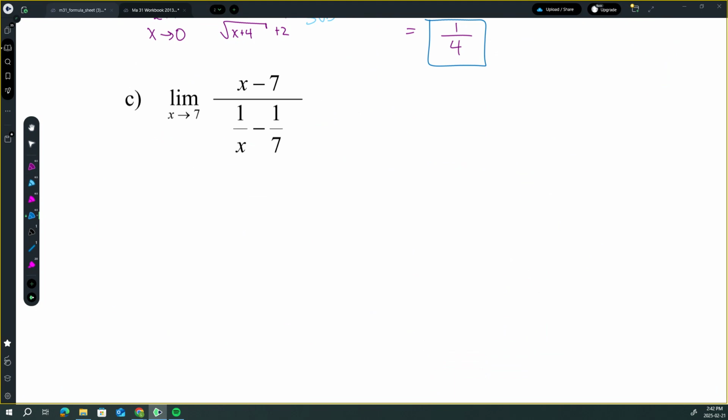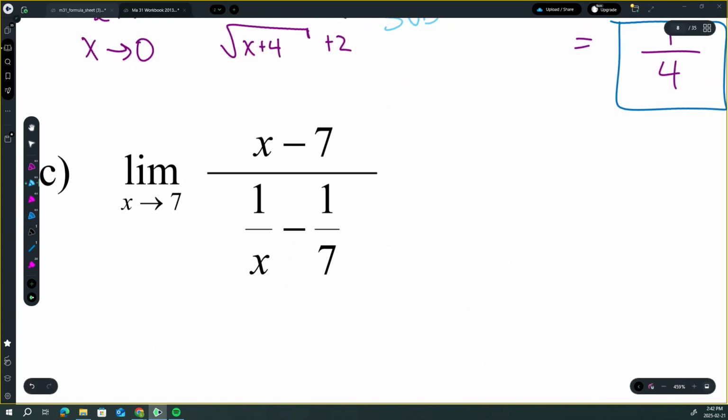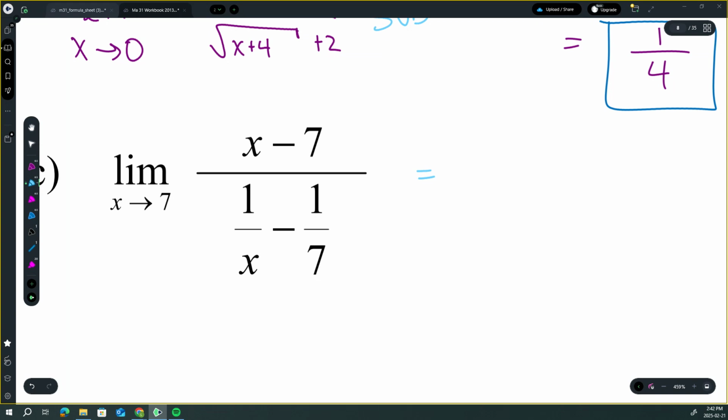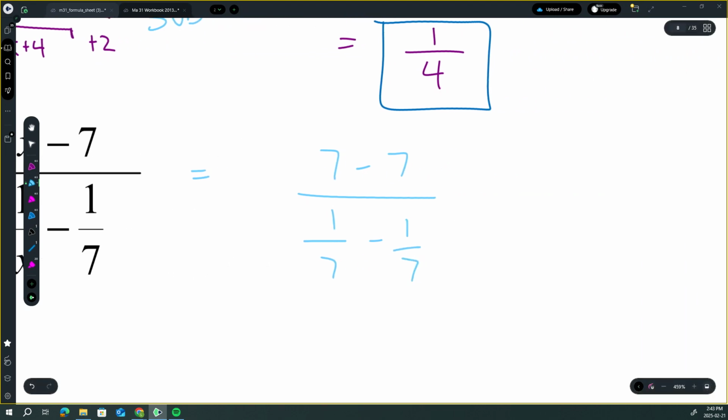Moving on to our next one here. Okay, so for this one, again, I'll do this really quickly. If we substitute in 7 wherever we see an x, notice how we're going to get indeterminate. So that's why we need to simplify.